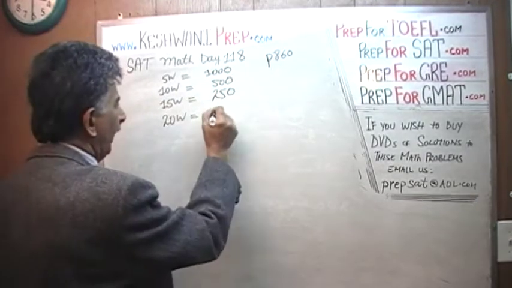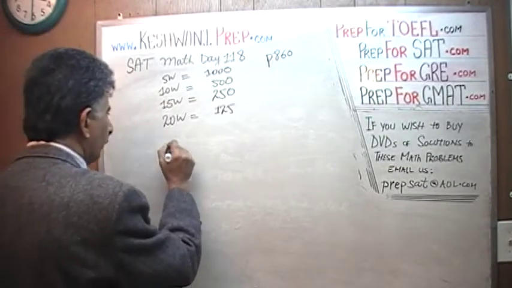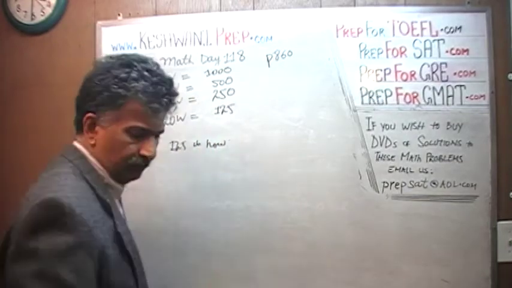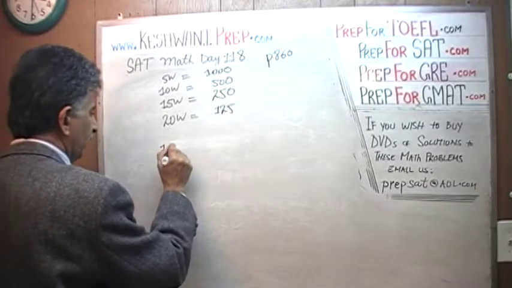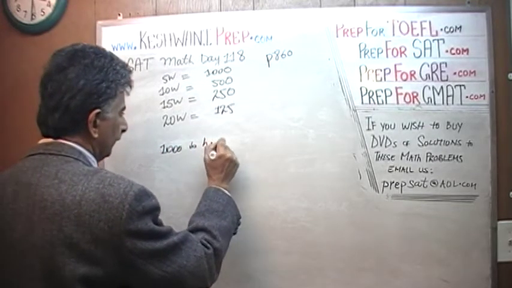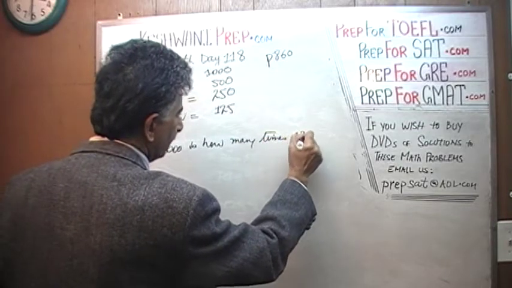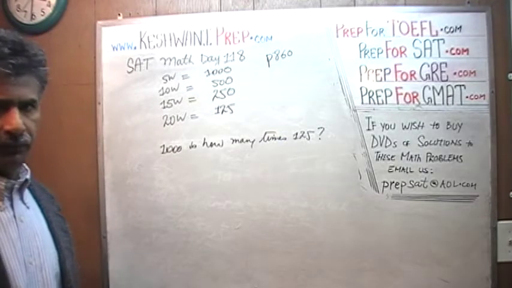Now half of 250 is 125. And the question is now: 1000 is how many times 125? That's all they're looking for.